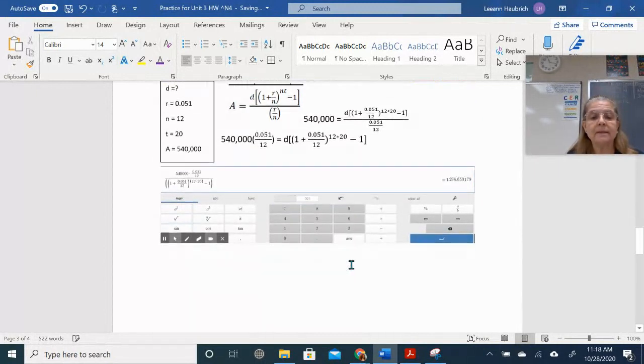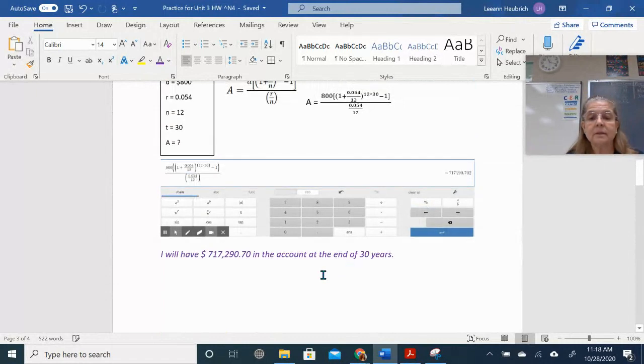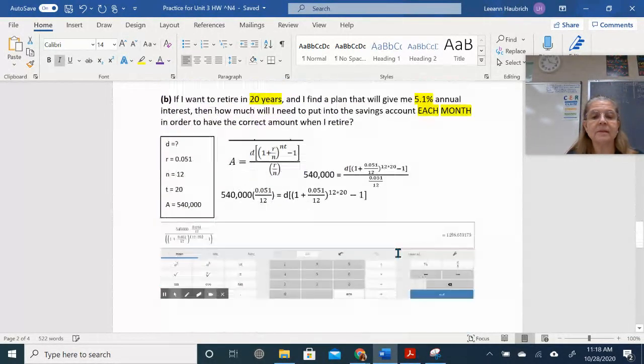How much do I need to save? Let's see. I'm just going to reuse this sentence to make it work for this situation.